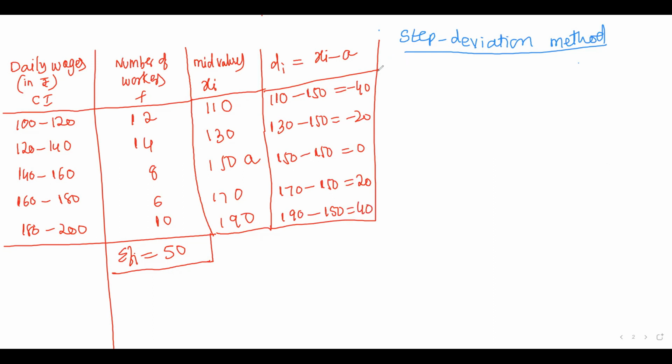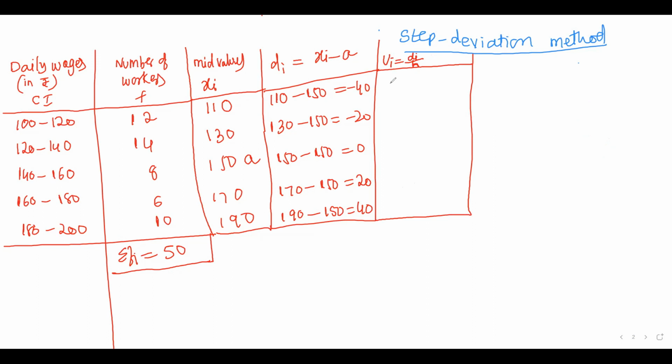Now after writing this, you can write down ui. Ui is equal to di by h. The formula for ui is di by h. Ui stands for step deviation. See, di means deviation, ui means step deviation. Got it?